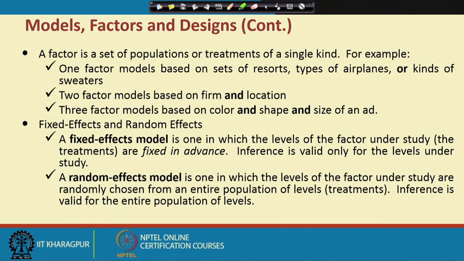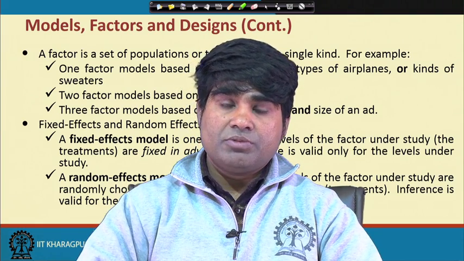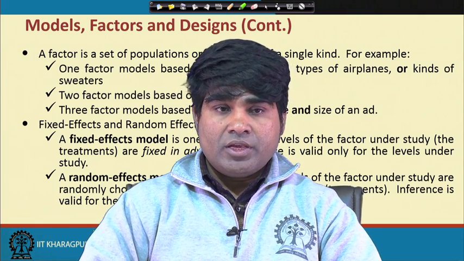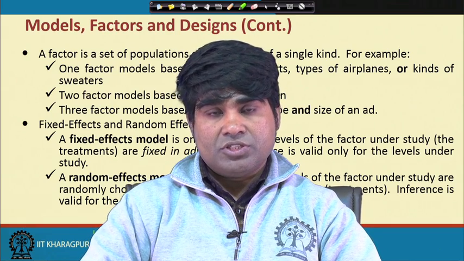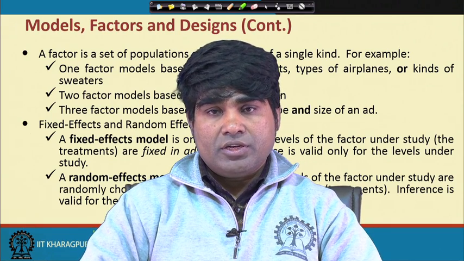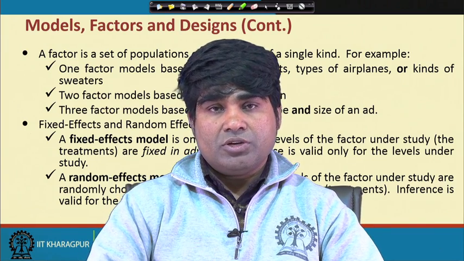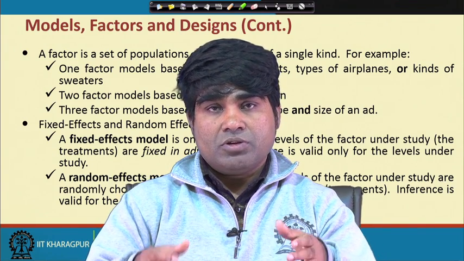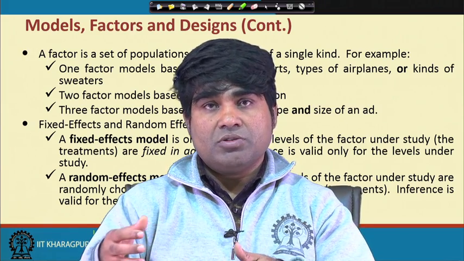ANOVA is well connected with the concept called panel data, and in the last couple of lectures we have already discussed this data issue. Data can be used in a business environment or business analytics in the form of time series, cross sectional and panel.